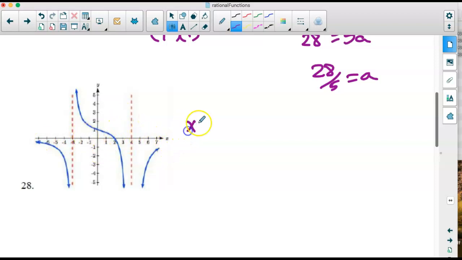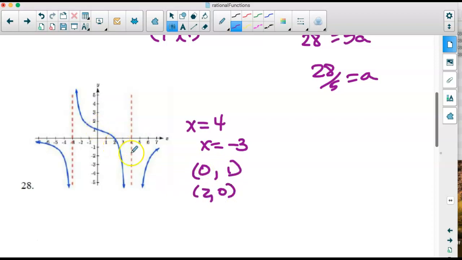So we have x equals 4 and x equals -3 for vertical. We know it goes through the point 0, 1, and -2, 0 right there. And then we have a horizontal asymptote at y equals 0.